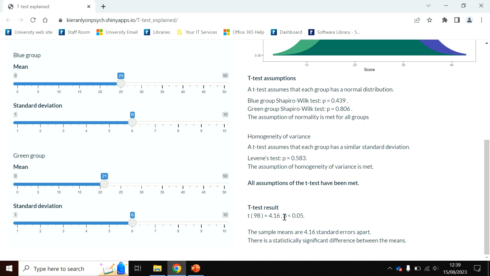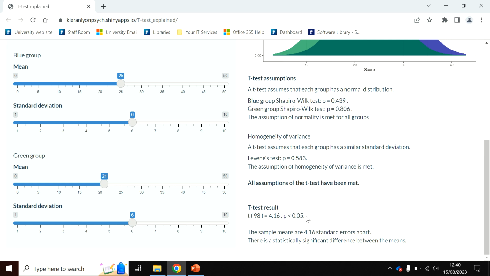And then it also gives you the p-value, and the p-value is the probability of seeing that difference in the sample means if there was no difference in the population. Because what we do is we begin by assuming there's no difference in the population, we find the probability of that, and if that probability is low, less than 5%, then we can say, no, it's unlikely, throw away the idea that there's no difference.